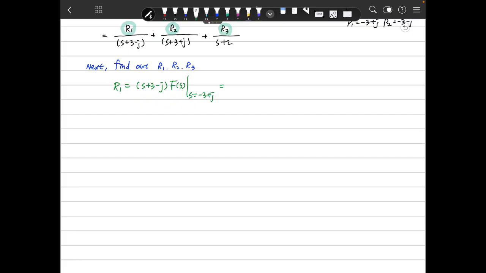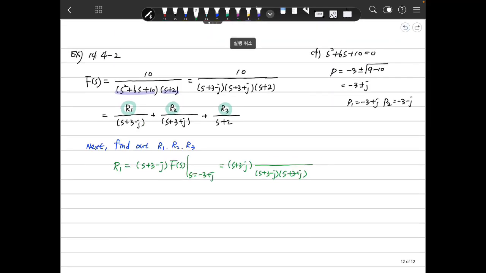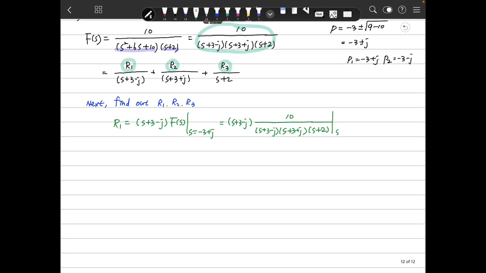So then s plus 3 minus j, and F(s) is s plus 3 minus j, s plus 3 plus j, and s plus 2 and 10. Then s is minus 3 plus j.